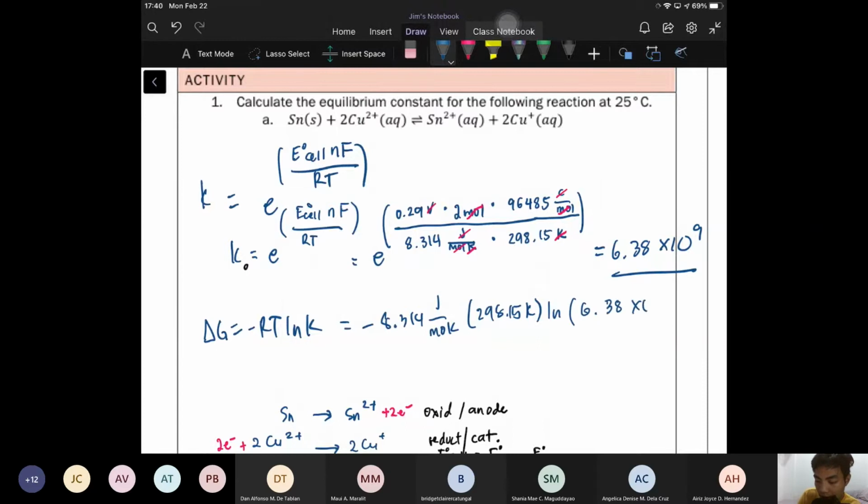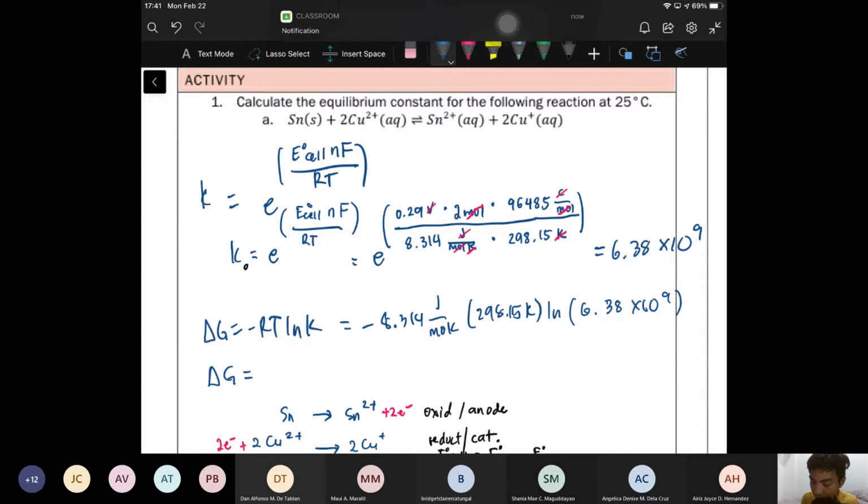6.38 times 10 raised to 9. Okay. So the value of delta G will be, plug in na lang sa calcu. Hindi yan kaya i-mental. So that will be negative R 8.314 T 298.15 ln, then the value of your K 6.38 times 10 raised to 9.